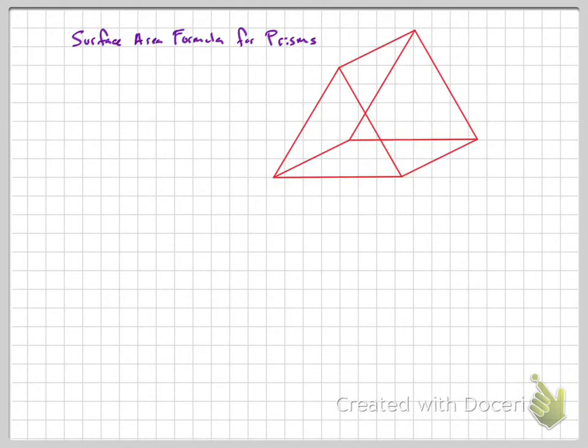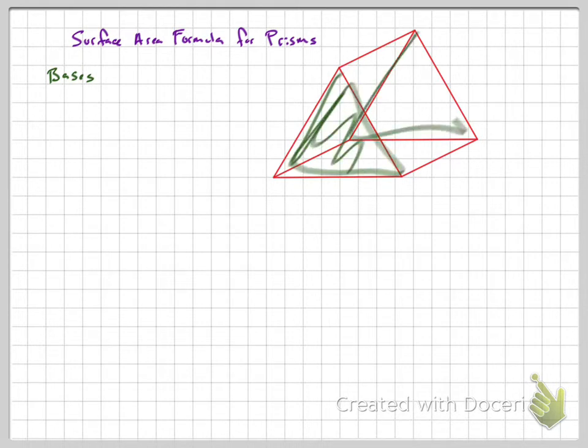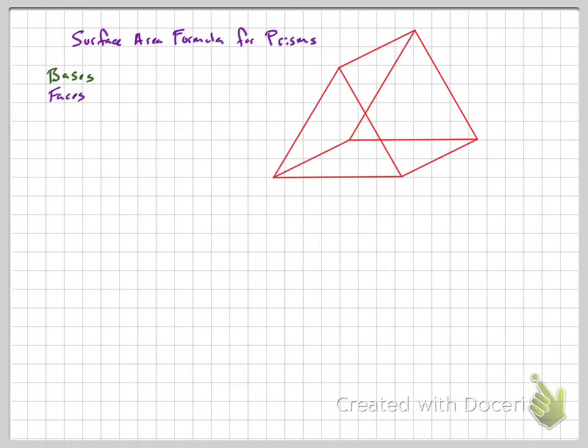So, the surface area formula. Let's go ahead and use a triangular prism already laid out here. Our bases for this triangular prism are this front triangle and this back triangle. Our faces would be 1, 2, 3.